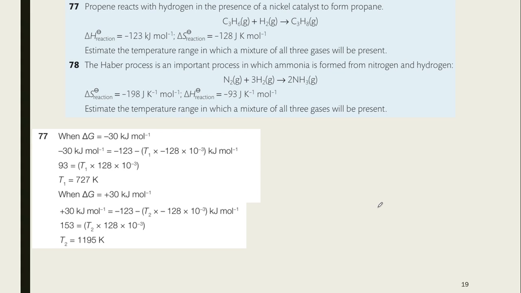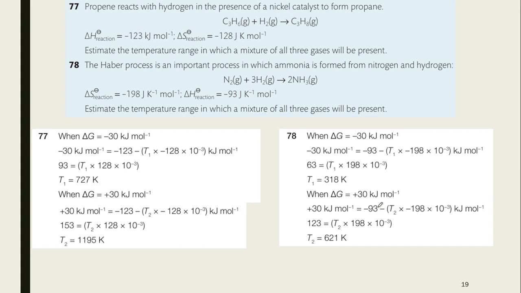Now 78 is the same thing. You can try it on your own before you put up the answer, and you will see that for this reaction, the temperatures are different, and that's because the delta S and delta H values are different as well.